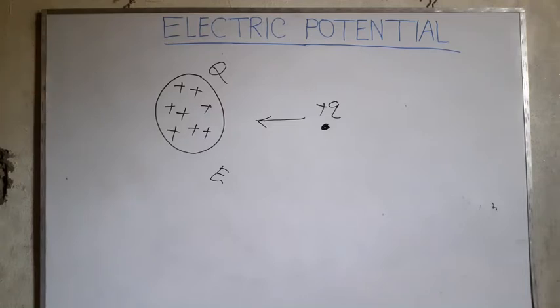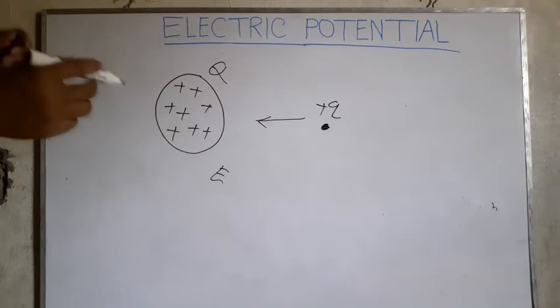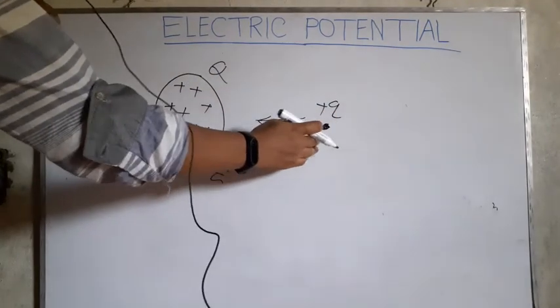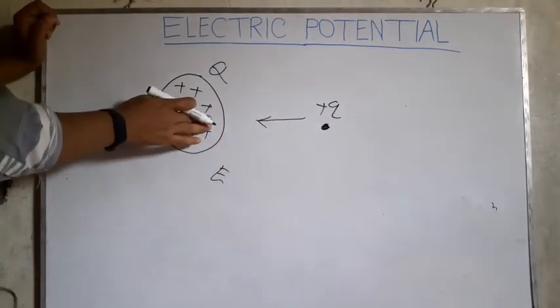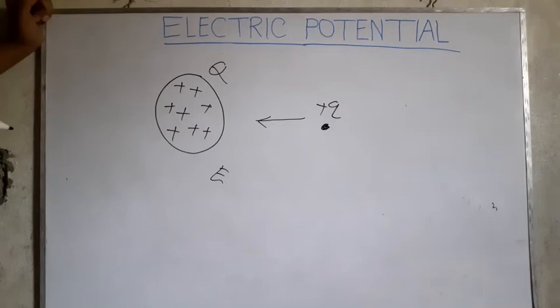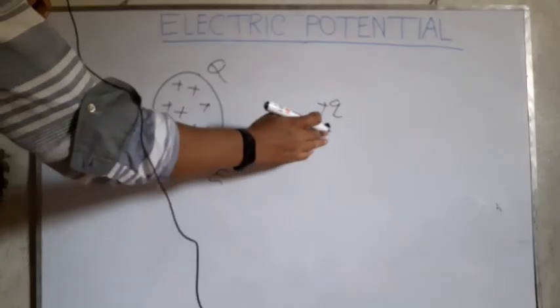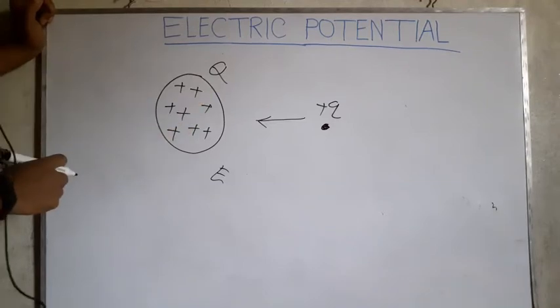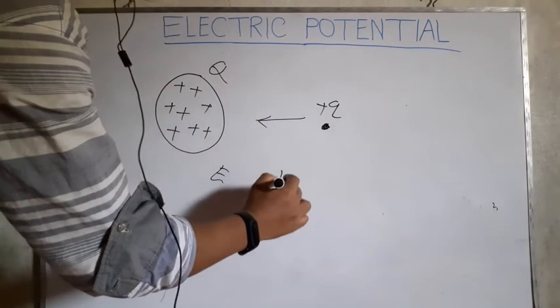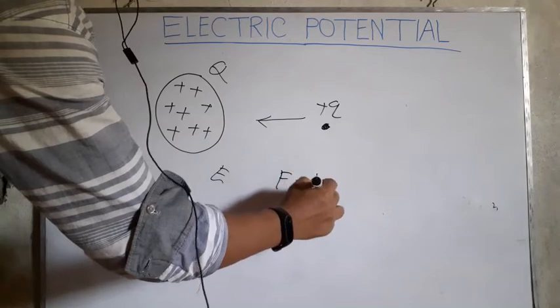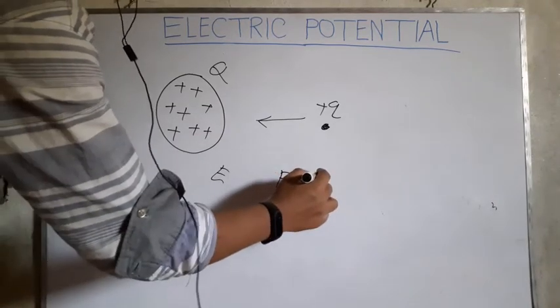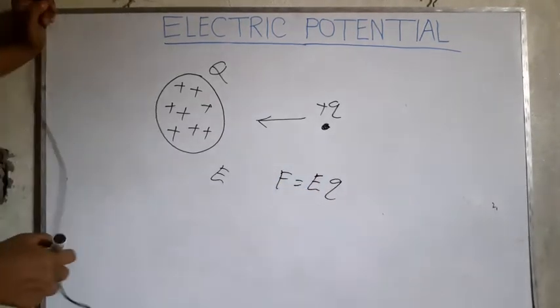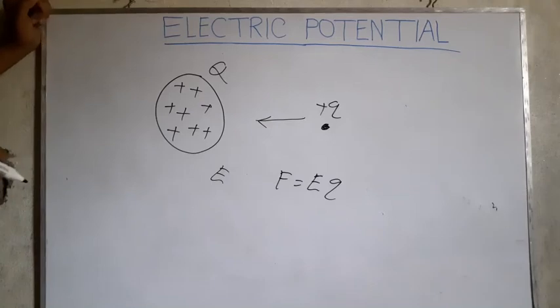Therefore, we have to do external work. If we bring this plus q charge to the Q charged body, then the repulsive force will be F is equal to electric field intensity E into q, that is F is equal to E q.